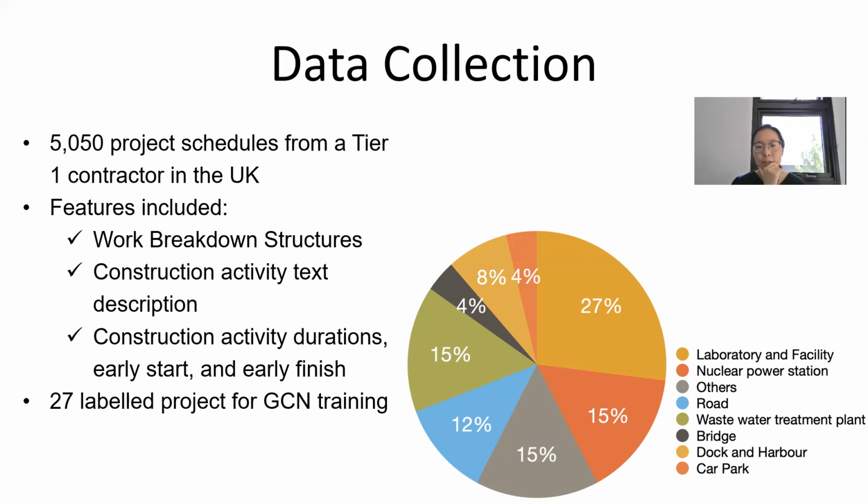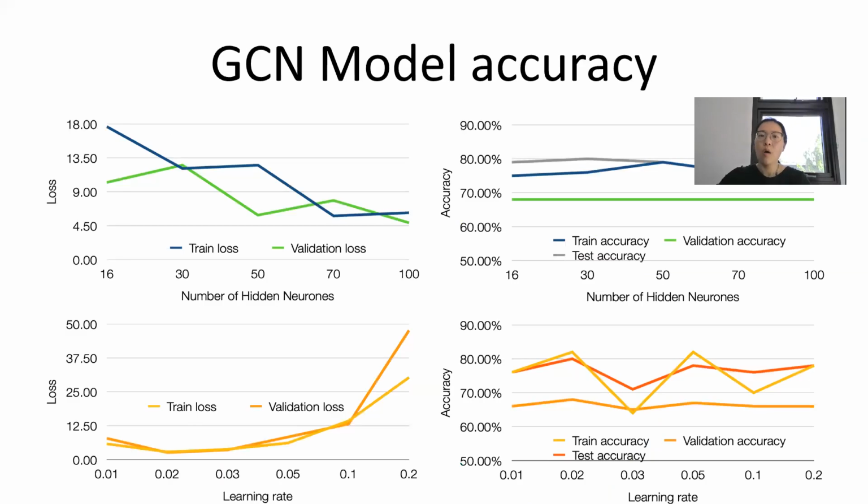But eventually, for the GCN training, we only used 27 labeled projects because of limited manual effort to label these project activities. Among these 27 projects, most of them are laboratory and facilities, followed by nuclear power station and wastewater treatment plant. In the GCN model tuning, we have 2 hyperparameters in this study.